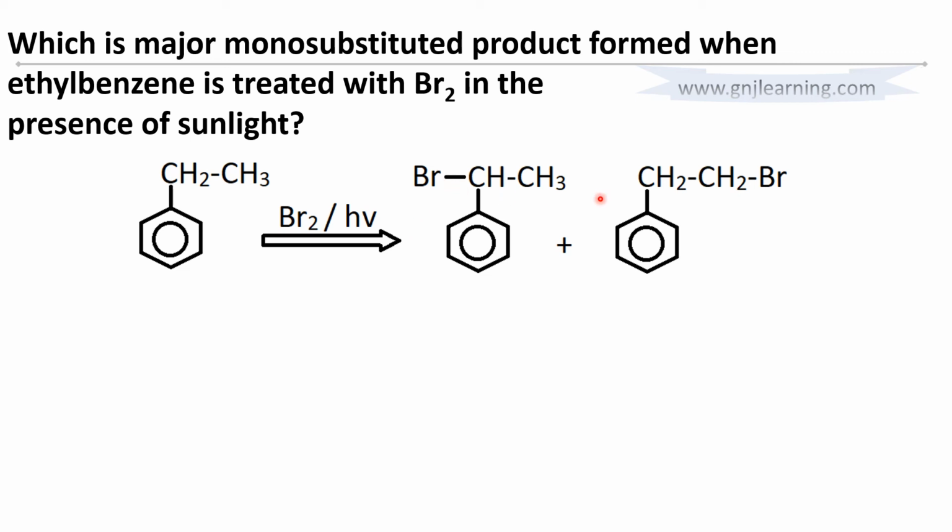We have 2 products. One is the substitution taking place on the secondary carbon, and the other one is on the primary carbon. Generally substitution can also take place on the phenyl ring, but here there is one hydrogen that requires more energy to remove. So mere sunlight is not enough to substitute hydrogen here by bromine.